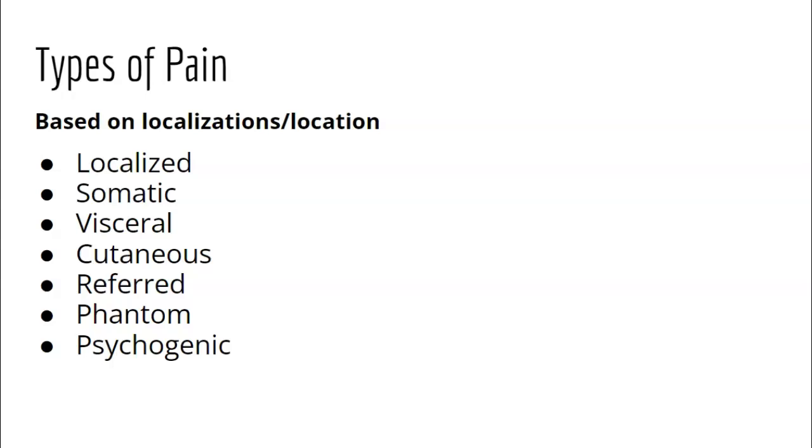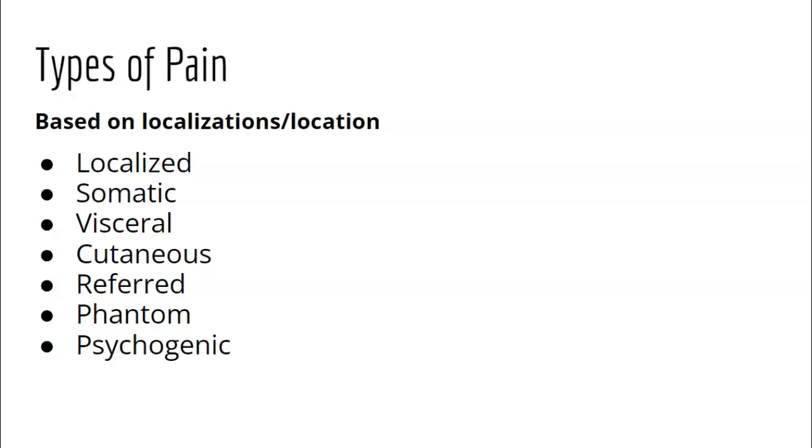Phantom pain is pain to a limb that is no longer present. So anyone who's had an amputation of some sort, so even an arm amputation, or if they had a mastectomy, they might still feel phantom pains there.